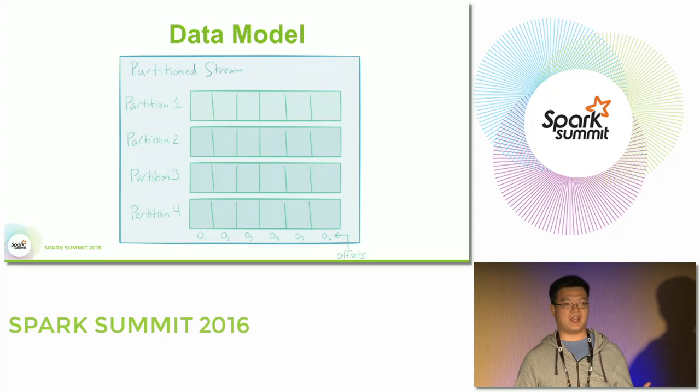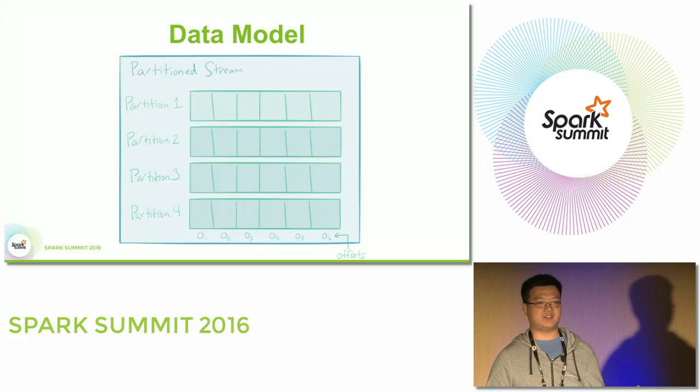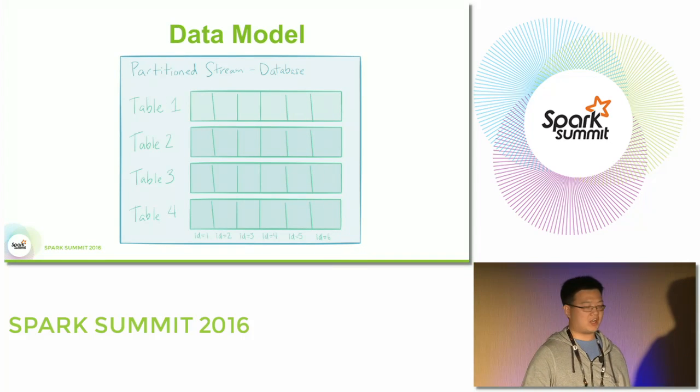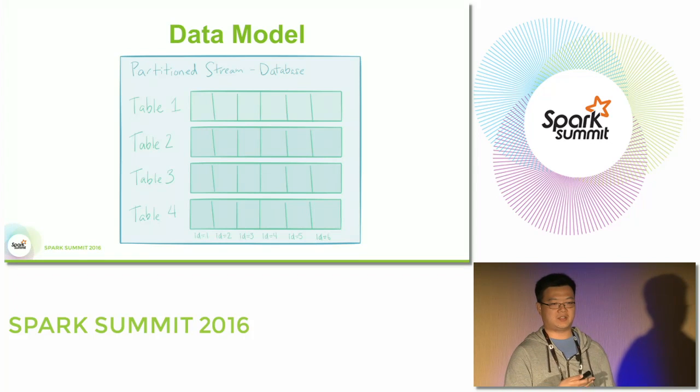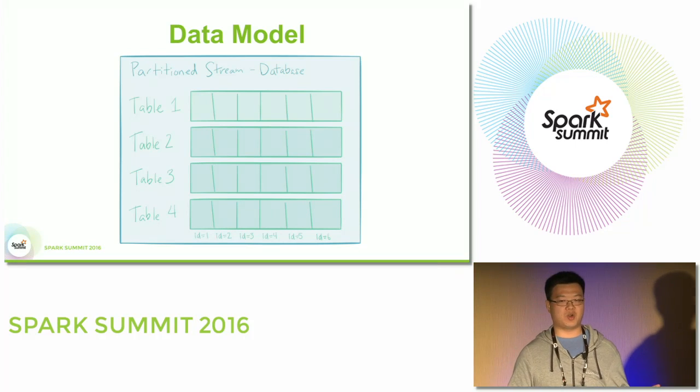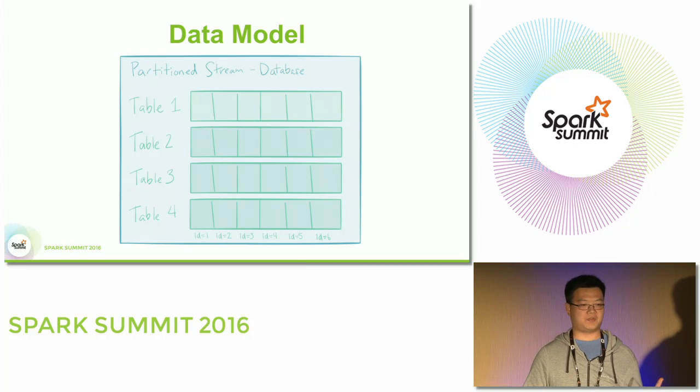And each stream can then be partitioned into multiple partitions, where the messages within each partition will have an offset, which is strictly incrementing within the partition. And just as a concrete example, for the database binlog Kafka source data, you can think about your whole database as a single stream into Kafka, where each table will naturally be a partition of this stream.